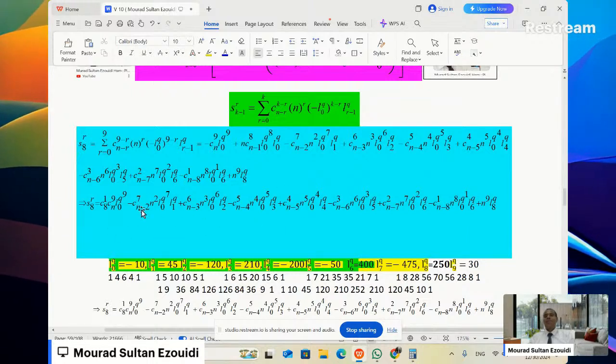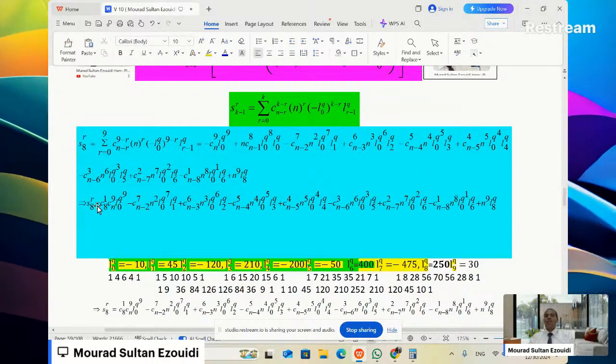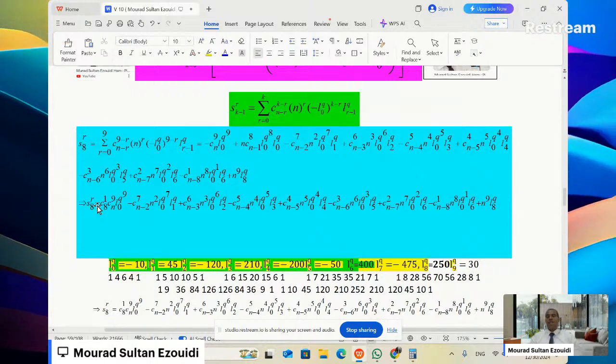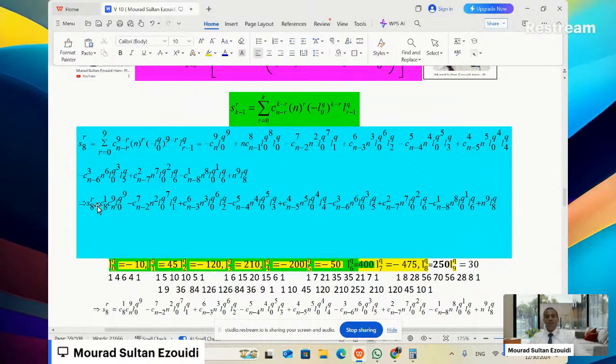This one will give you exactly the coefficient of your candidate in your program.